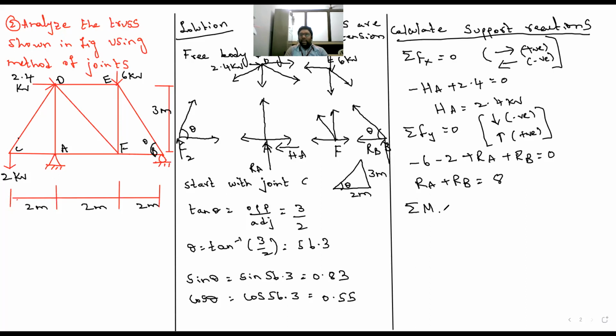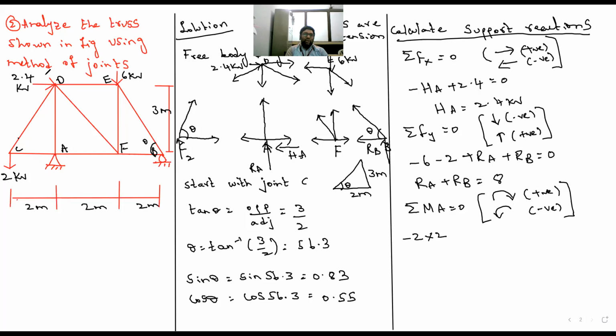Now sigma MA is equal to 0, taking moments about A. Clockwise is positive, anti-clockwise is negative. The first force, 2 kilonewton, is anti-clockwise, with perpendicular distance 2, so minus 2 into 2.